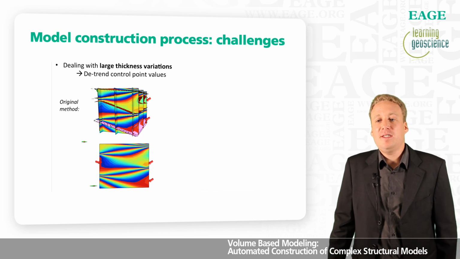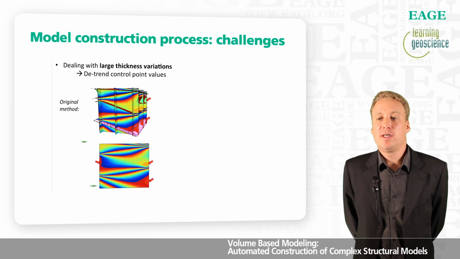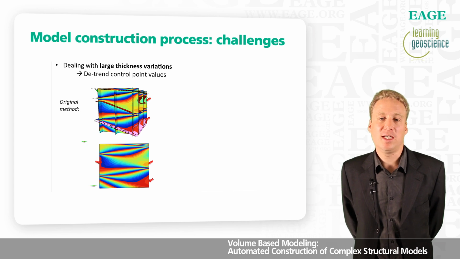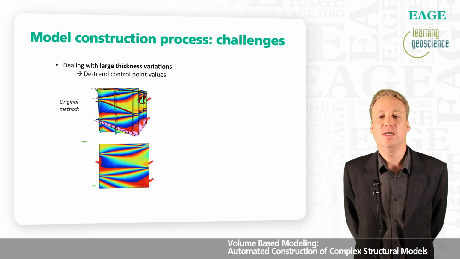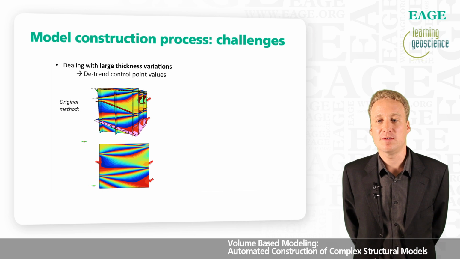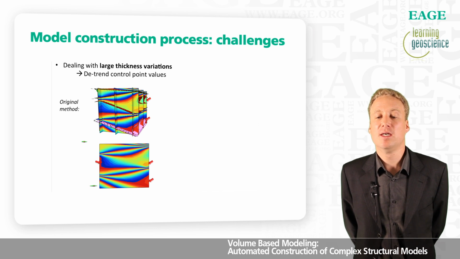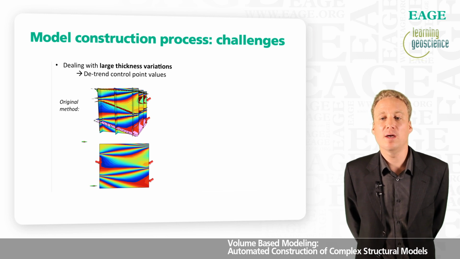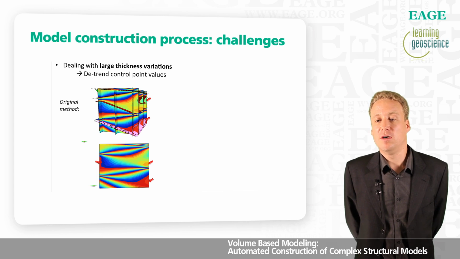So this technique seems very simple, but there are some problematic cases that need to be handled with care, and for which we developed a set of fit-for-purpose solutions. The first challenge with this method is the case of large thickness variations. Because we are using constraints that will minimize the depth and thickness variations, we can have artifacts produced when the input data shows very steep variations of depth and thicknesses.